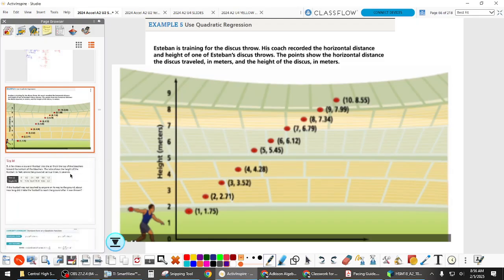Alright, so we're throwing a discus. Anybody ever done that before? I've thrown a frisbee. So this data wouldn't be super hard to gather if you used slow motion, and you'd have to have some form of scale behind the throw.